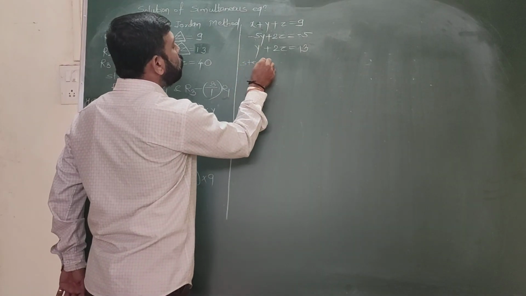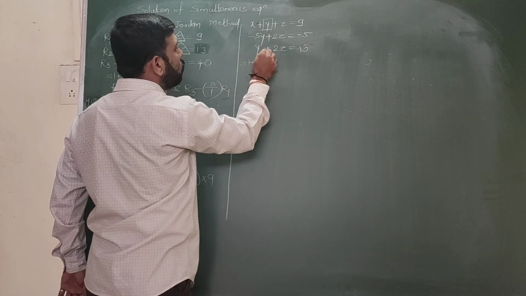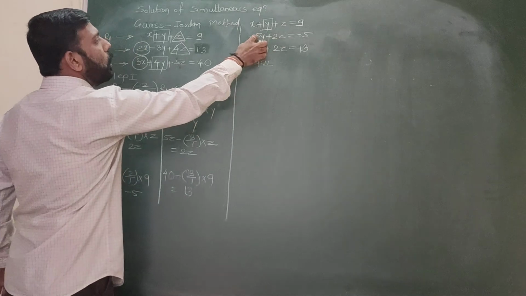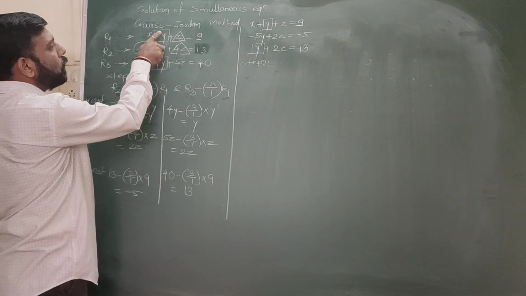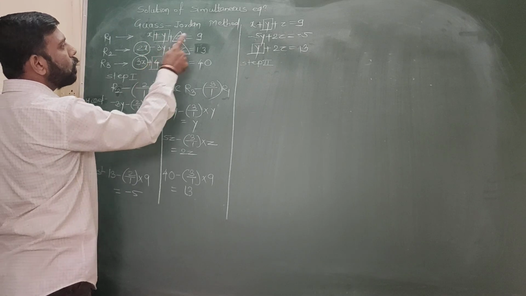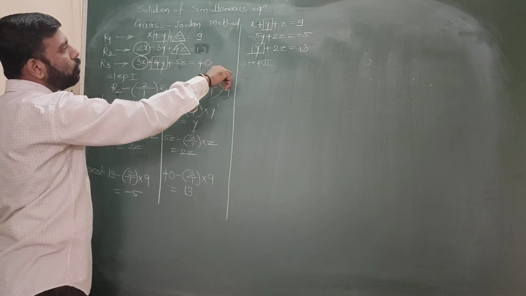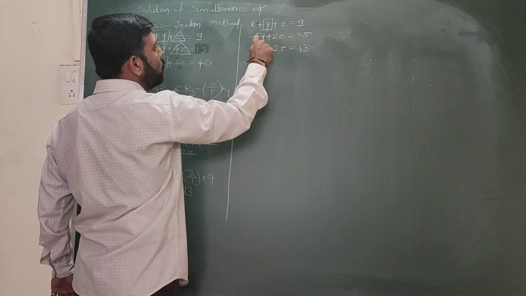Now in step 2, we make these two elements 0 with this diagonal element in R2. Initially these values were different. Now after the change in step 1, we have new coefficients in y. So make these two elements 0 with this diagonal.